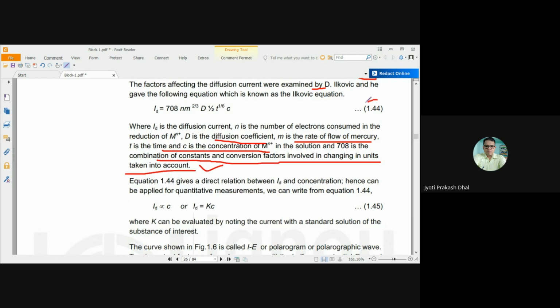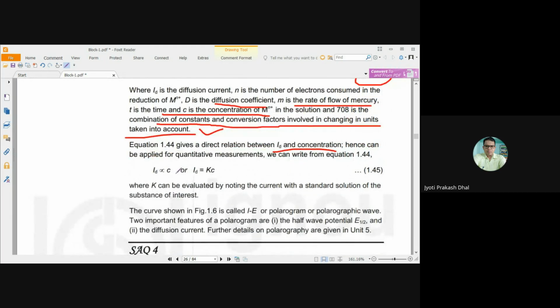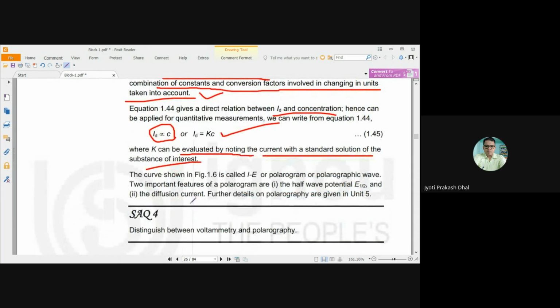So this equation 1.44 gives a direct relationship between I_D and concentration. Hence, I_D is directly proportional to C, or I_D equals some constant K times C. K can be evaluated by noting the current with a standard solution of the substance of interest.